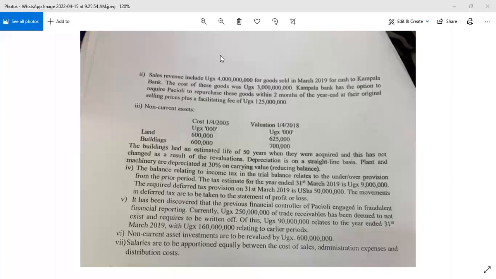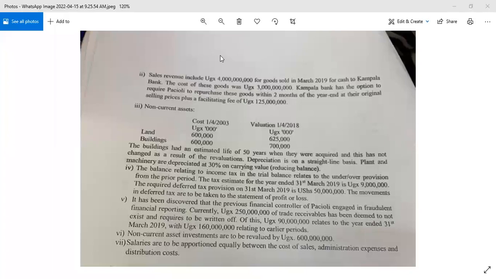So patience, I hope I've made it clear. Depreciation is always under admin, and the reason is because admin caters for all other expenses that we normally incur. Other expenses are kind of classified. So for cost of sales, we know for sure we always have opening stock, purchases, and closing stock.